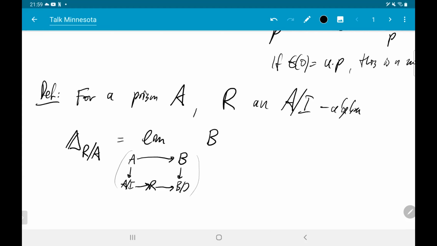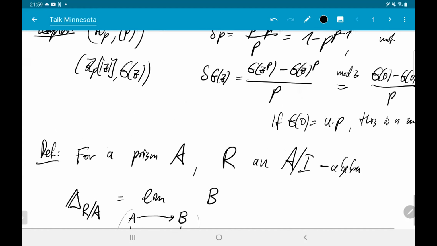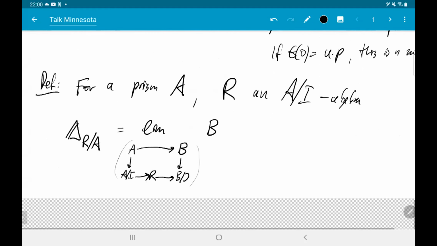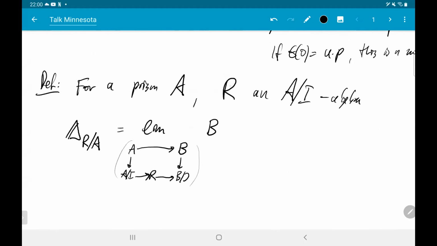So in this simplest example of Z_p with the ideal given by p, your input datum here would be some F_p algebra, right? A mod I would be F_p. And what you're doing in effect is that you're somehow taking a limit over, so to say, all possible ways to lift R to characteristic 0.